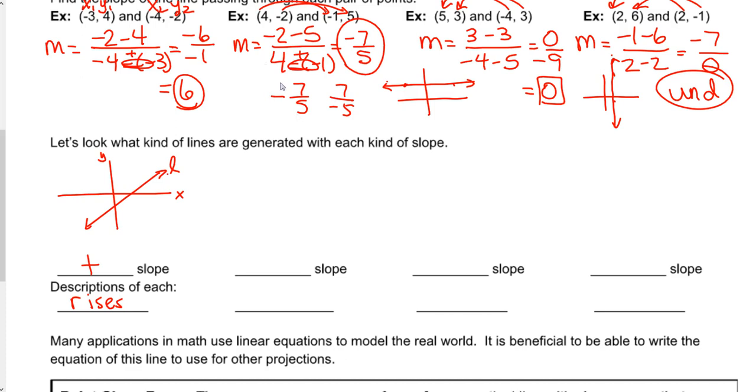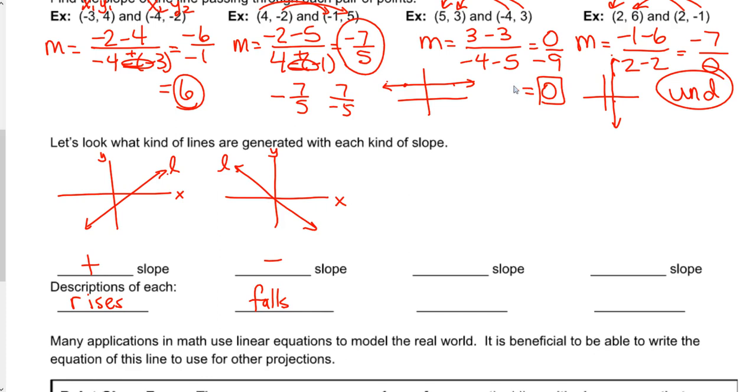If I have a slope that is negative, here's my coordinate plane, call it x, call it y. That is going to be a line that, when I look left to right, will be decreasing from left to right, call that line L. So a negative slope causes a line to fall from left to right.